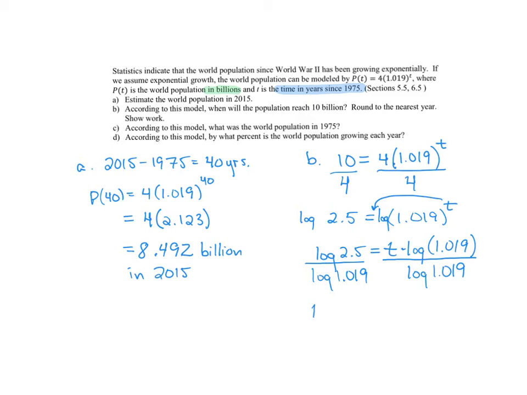And then use our calculator. When we put this in our calculator, remember that we want log of 2.5, close our parentheses, divided by log 1.019, close our parentheses.